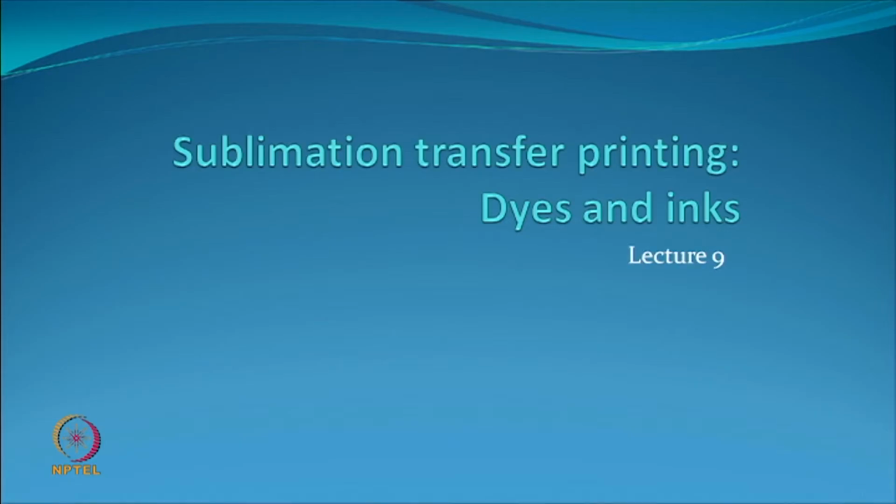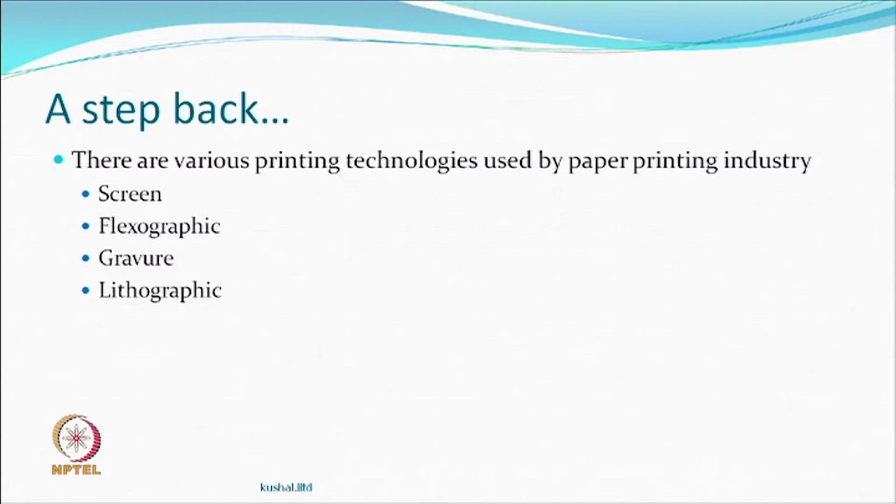All right, so we continue from where we stopped. We were looking at transfer printing, what kind of paper we should use for it, and what methods are used for printing the paper.